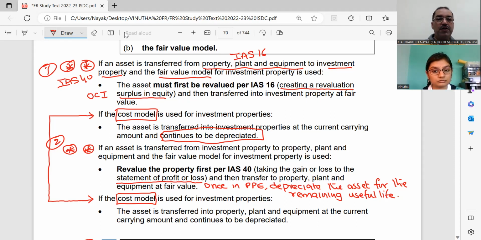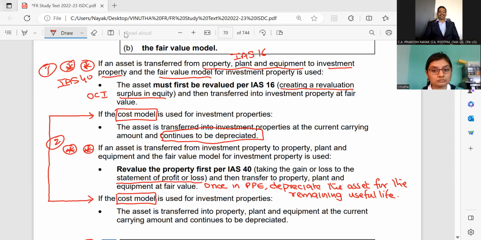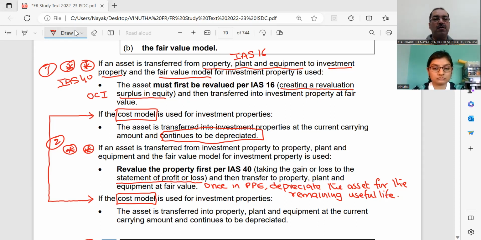Okay. So initially it is IAS 16 and the revaluation model. So first you will revalue that particular asset because it's the revaluation model. And after revaluation, whatever revaluation surplus you get, you transfer it to OCI as a revaluation surplus. Okay. And then that property becomes an investment property at fair value.